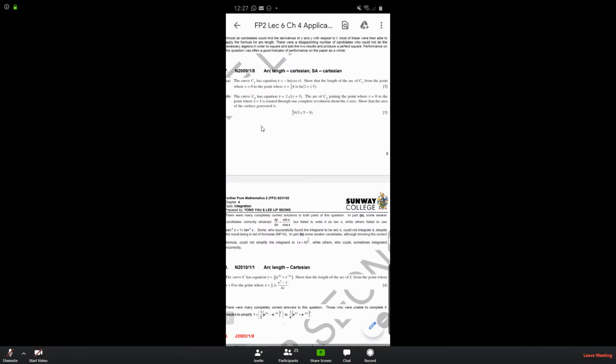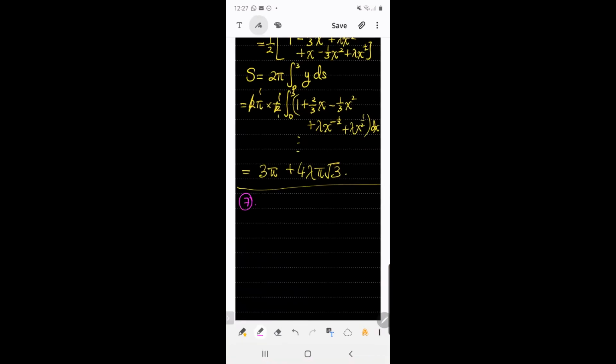So 7b particularly. You have y equals 2 times square root of x plus 3. So we try to find dy/dx, which is equal to 2 times (x plus 3) to the power of half.